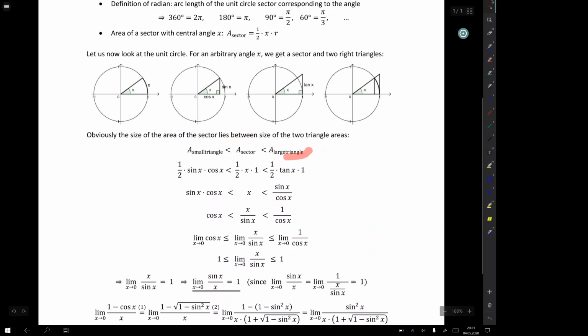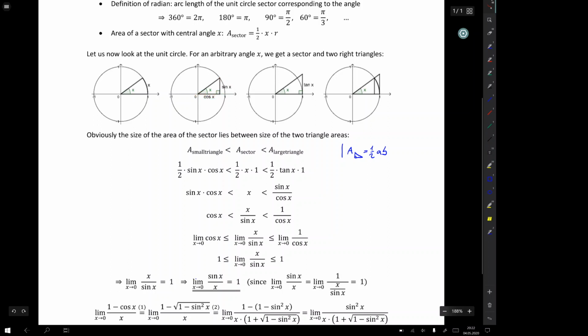Now, using the fact that the area of a right triangle corresponds to the product of the lengths of the two catheti divided by 2, we use that for the area of the small triangle. Well, if this angle is x, then by definition this here is the sine of x, and this is the cosine of x.